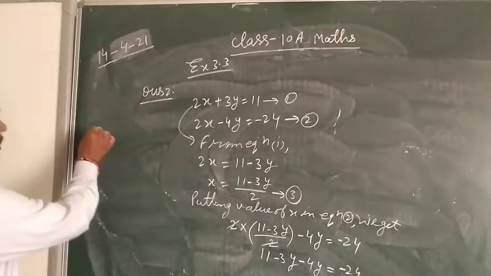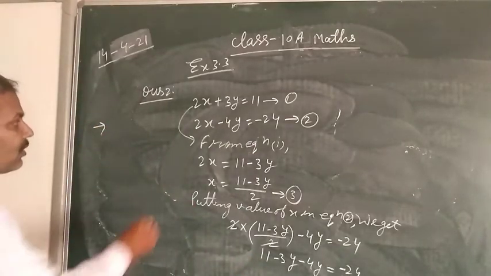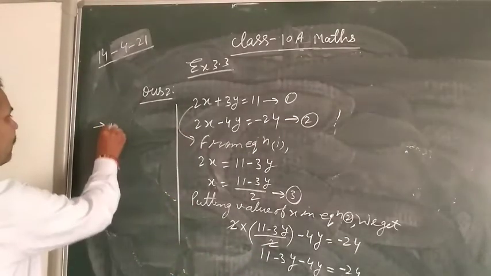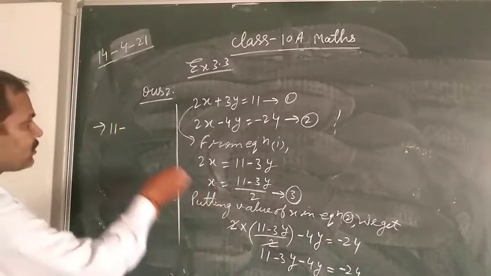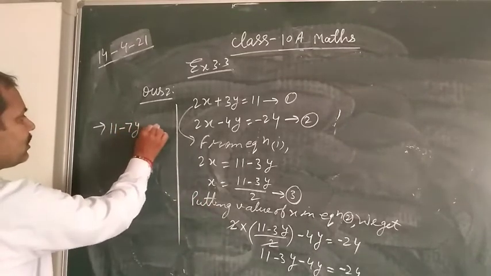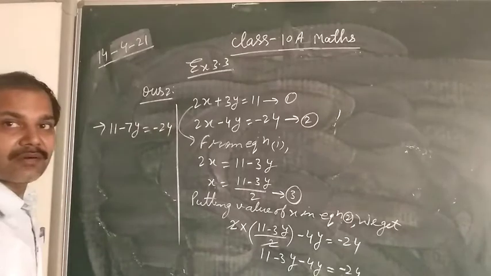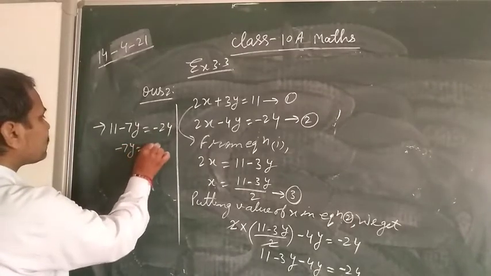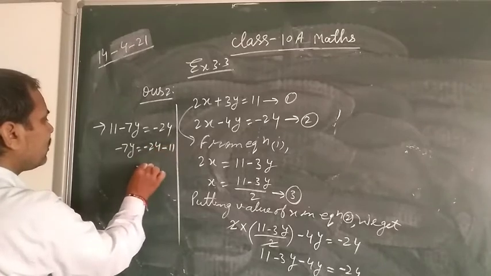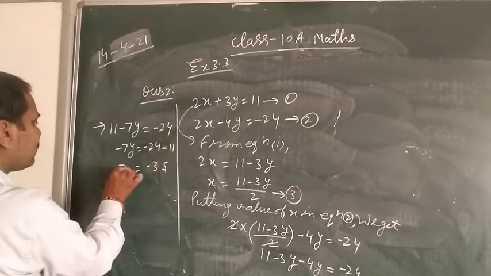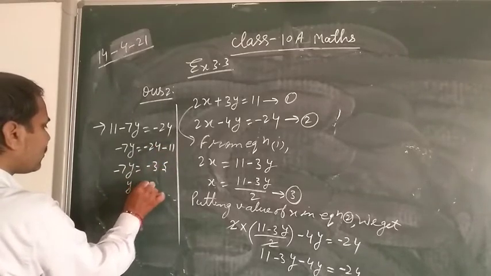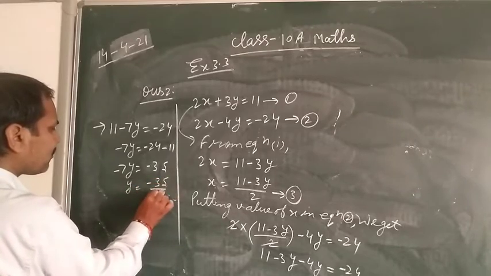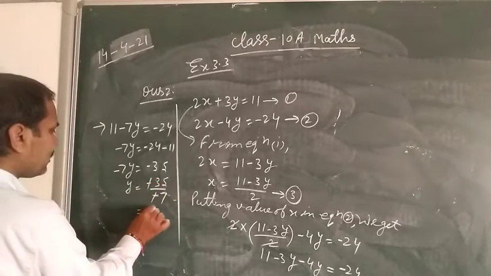So 2 cancels, so 11 minus 3y minus 4y, minus 11y is equal to this. Okay, so minus 11y is equal to minus 35. So y is equal to minus 35 upon minus 7, minus minus cancel. So 5.